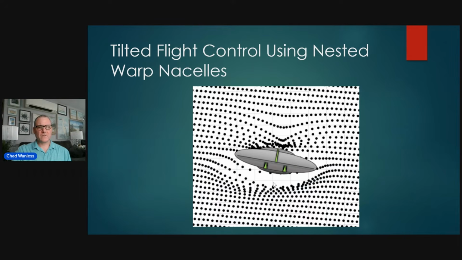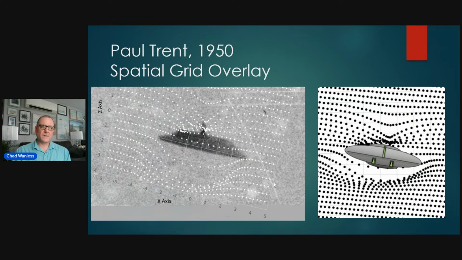So, tilted flight control using nested warp nacelles, using the sport model configuration. You can see here on the left, Paul Trent's photo, tilted. It is in line with the camera. I've placed the warp bubble and the scatter plot over top of it.